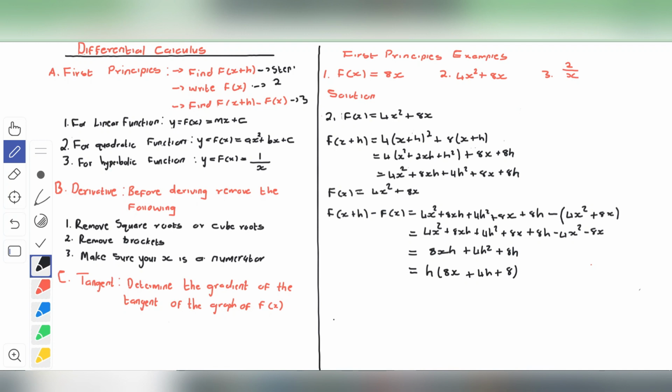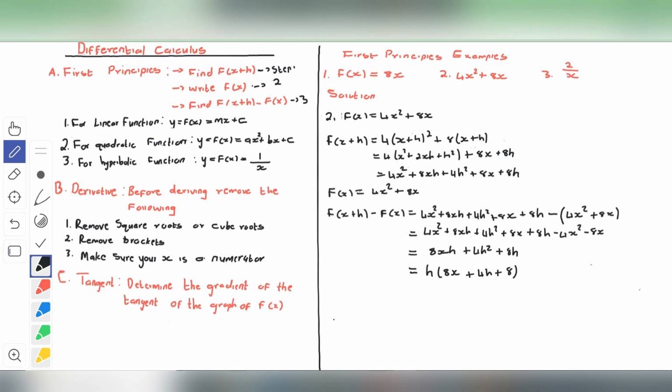So guys, let me repeat it again. Whenever solving the first derivative using the first principle, whereby you have a quadratic function, from this third step, right, always the last thing that you write, you must be able to take out h as the common factor.